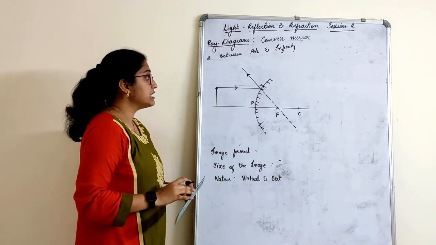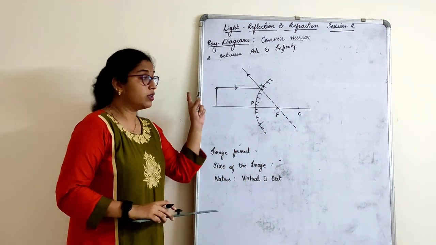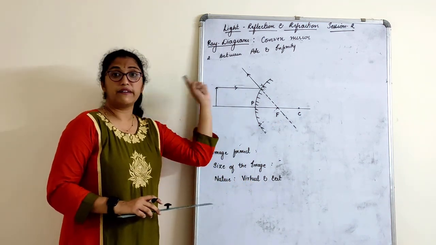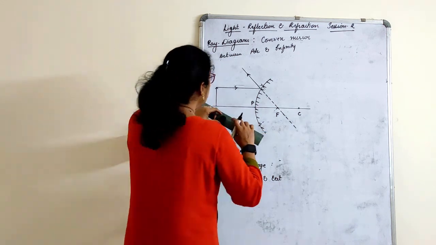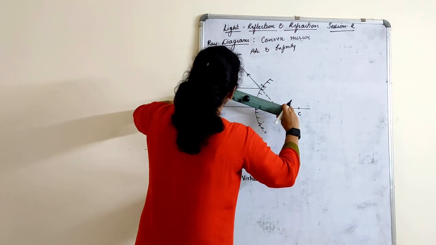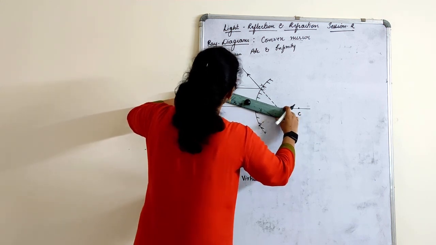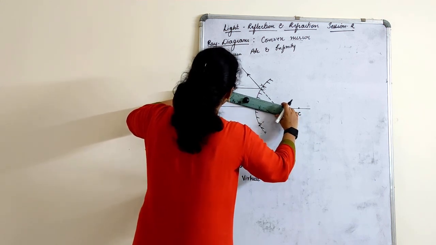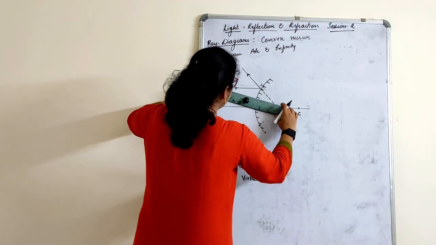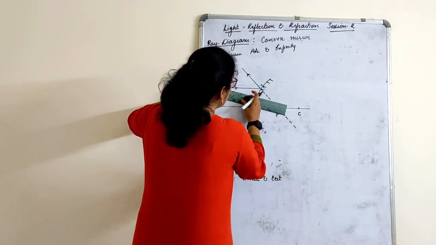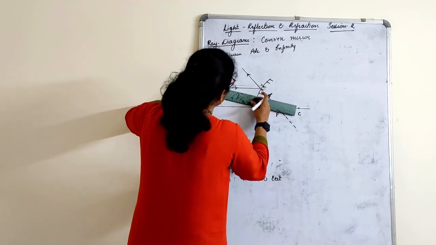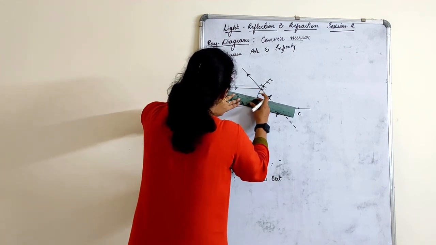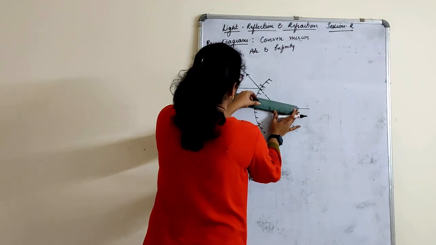Okay. Now the second rule, it will travel through the curvature, the same path it will travel. That rule we will apply here. So the second rule is that it will hit the mirror and it will diverge in such a way that it has to pass through the curvature.